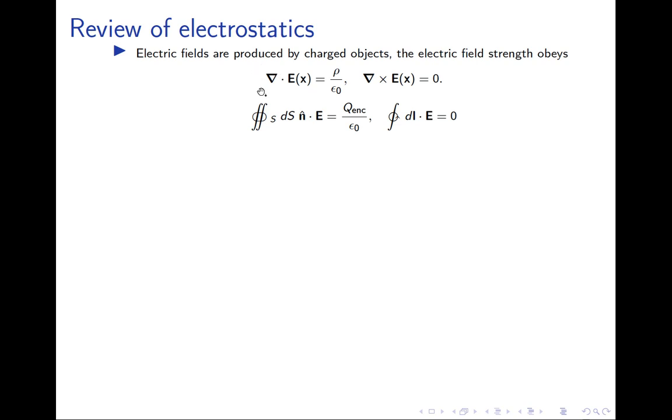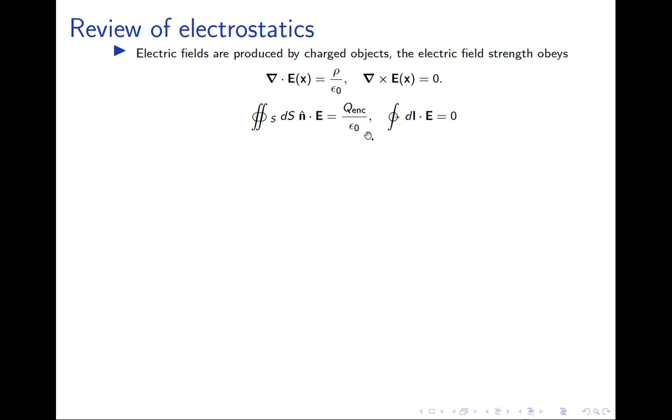And the volume integral of the divergence of some quantity, we can use Gauss's divergence theorem to convert into a flux integral. So this is the electric flux over the surface S, which encloses this volume. So we have this equation: flux through a closed Gaussian surface is equal to the total charge enclosed by the surface divided by epsilon naught.